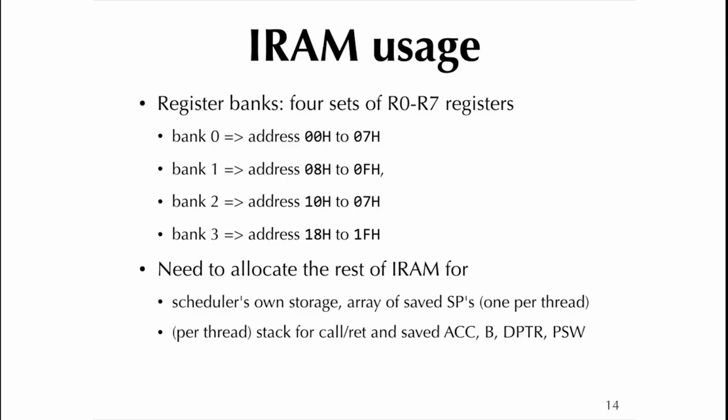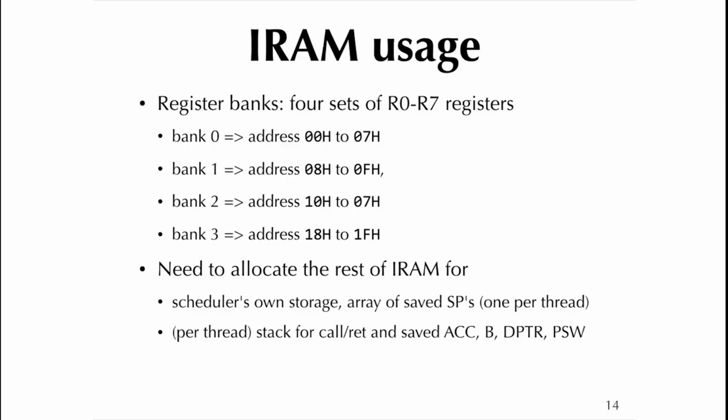Now, if you use banking, you can have up to 4 banks. If you select bank 1, then direct addresses 8 through F get mapped to R0 to R7. So if you modify R0 when bank 1 is selected, then address 8 gets modified. And so forth.